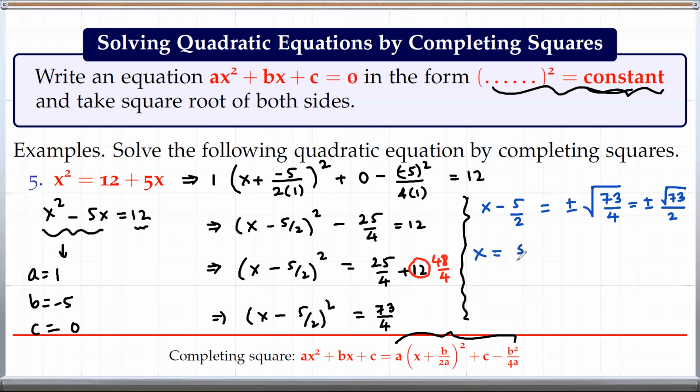So we get x equals 5 by 2 plus or minus square root of 73 over 2. So we have these two solutions. If you want to write them separately, we have 5 by 2 plus square root of 73 over 2 and 5 by 2 minus square root of 73 over 2. So these are two solutions.